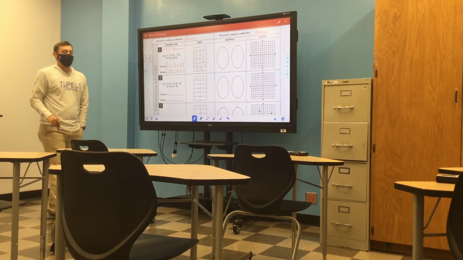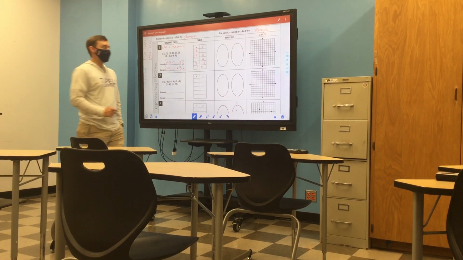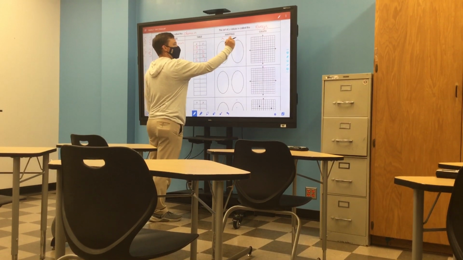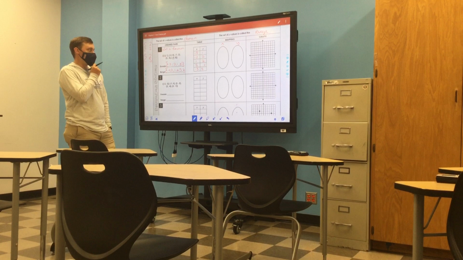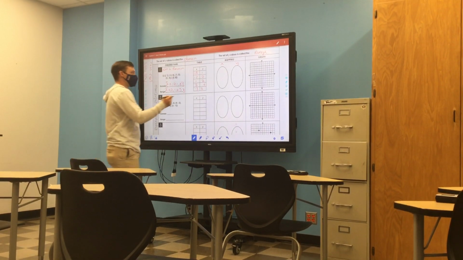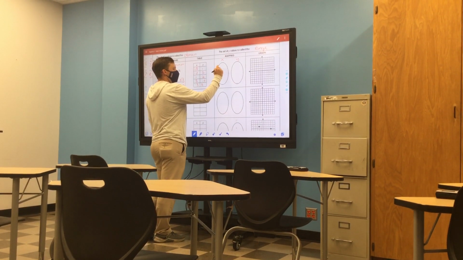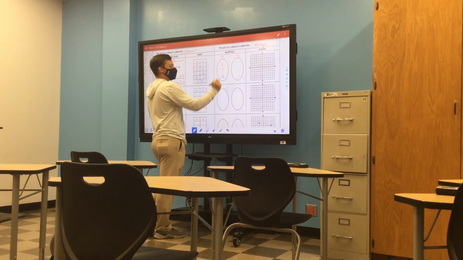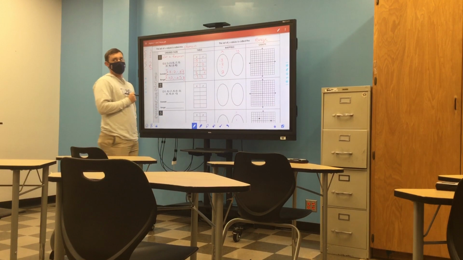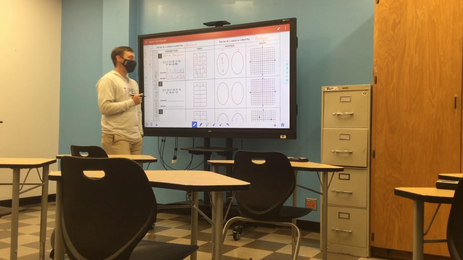A map is kind of like a table. Your x values are on the left, your y values are on the right. You put your x values: -3, -2, -3 again. Then put your y values.